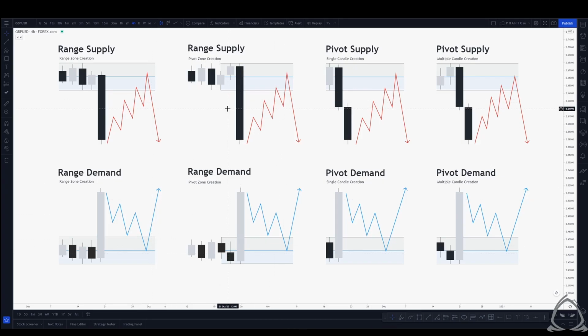Another way that you can draw range-bound supply and demand, also using the concept of pivot supply and demand, and this is where the two can be interchangeable, is when you have that overall range in supply, what you can see is we have two up candles, and then we have this massive move to the downside.